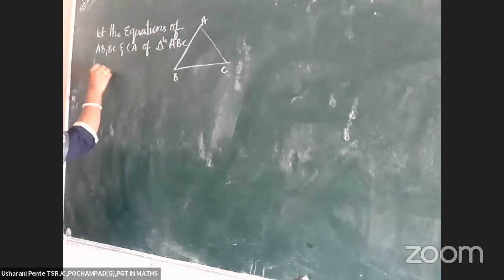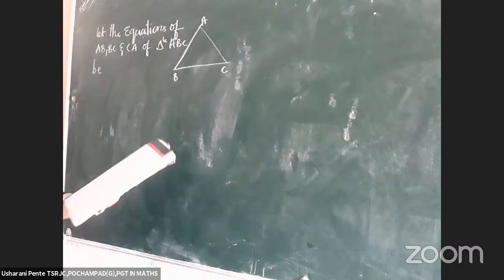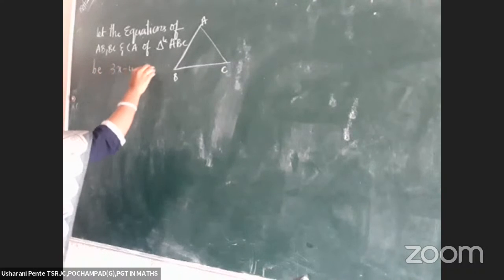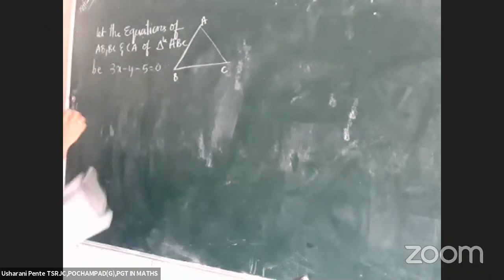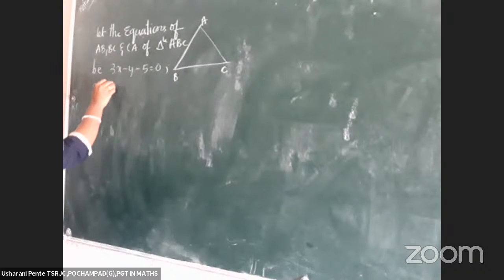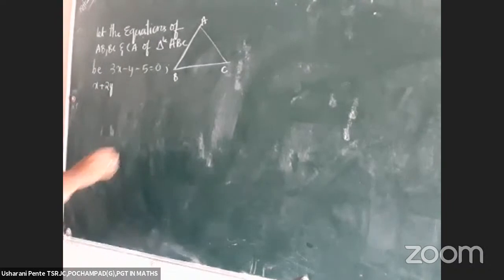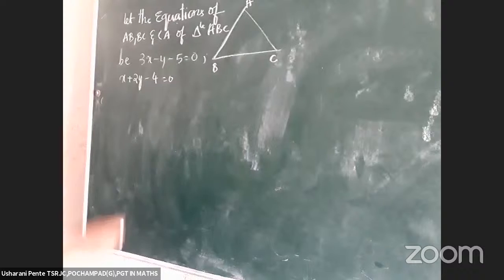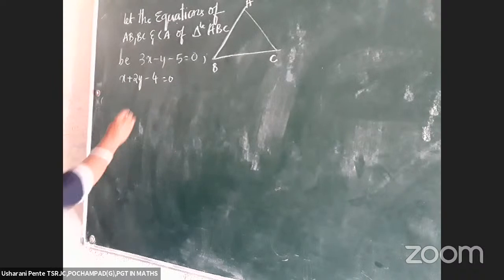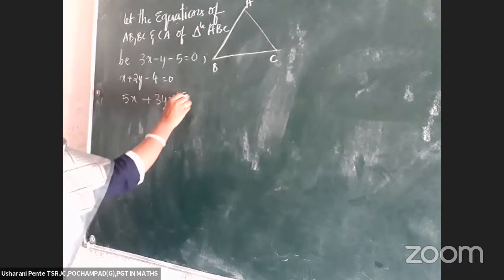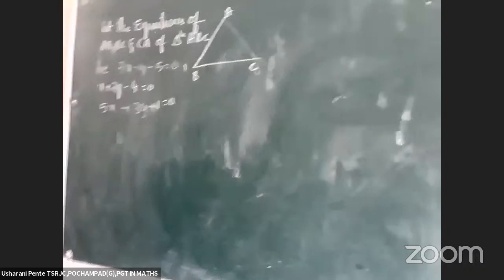What are the equations they have given? 3x minus y minus 5 equals 0. x plus 2y minus 4 equals 0. And 5x plus 3y plus 1 equals 0. They have given us the three equations.